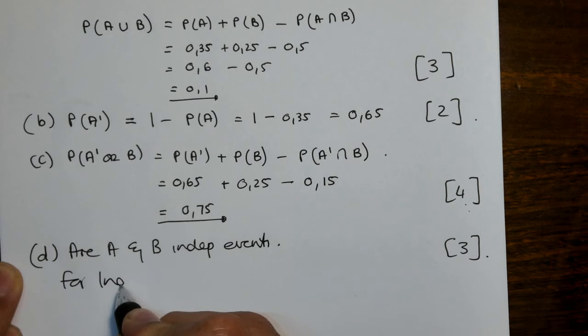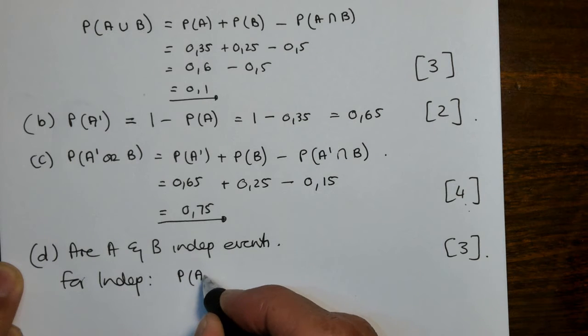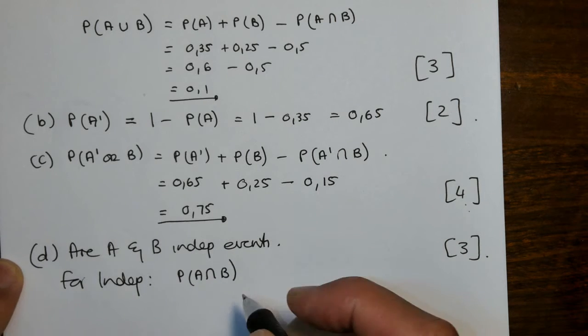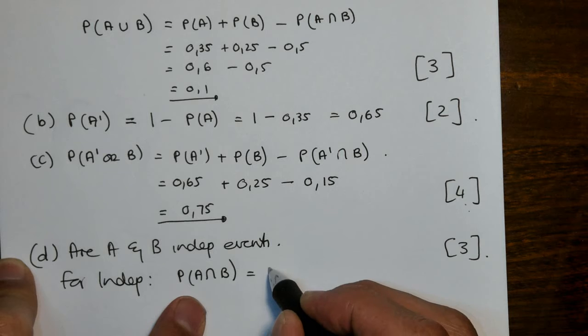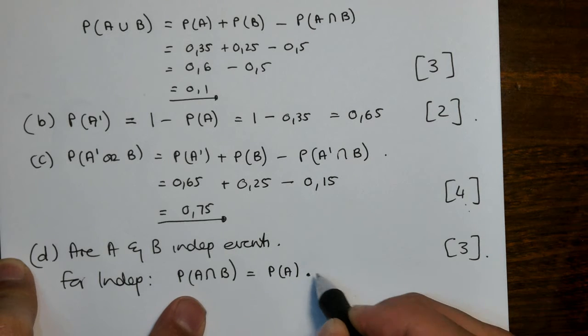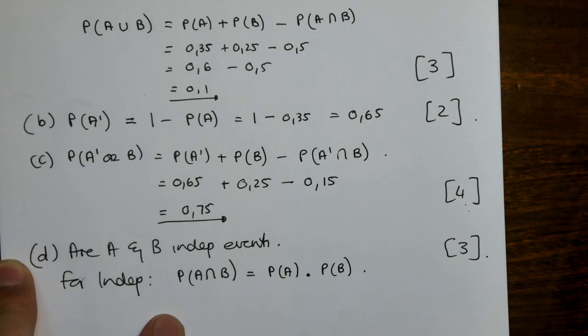For independent events, we must show that the probability of A intersect B will then be equal to the probability of A multiplied by the probability of B.